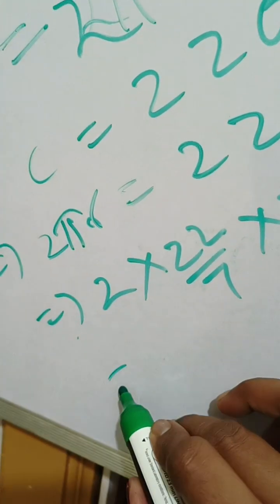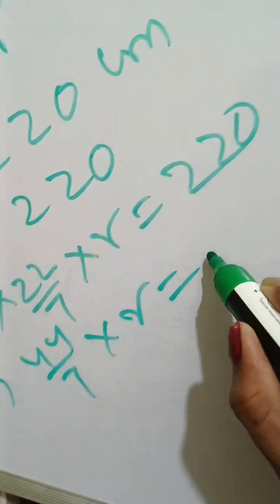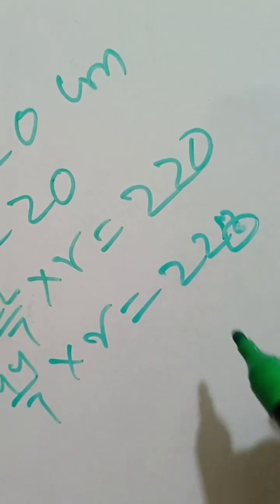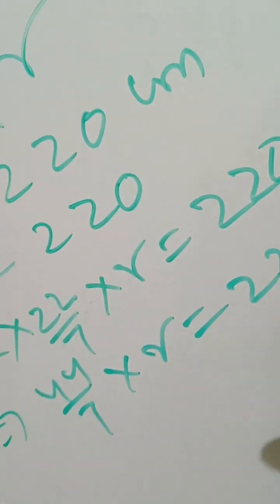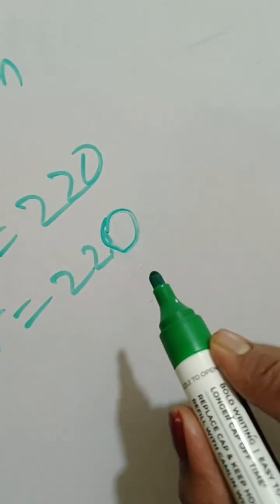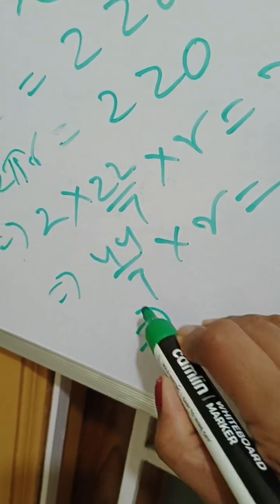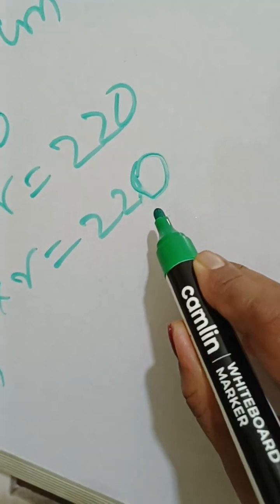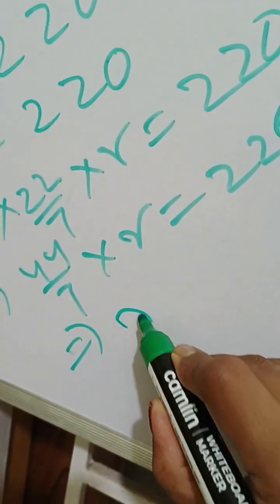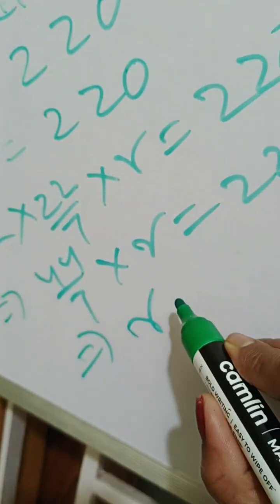Now 44/7 multiplied by r equals 220. R and 44/7 are multiplied on the left side, and we want the value of r, so 44/7 will go to the other side and divide. This 220 will get divided by 44/7.